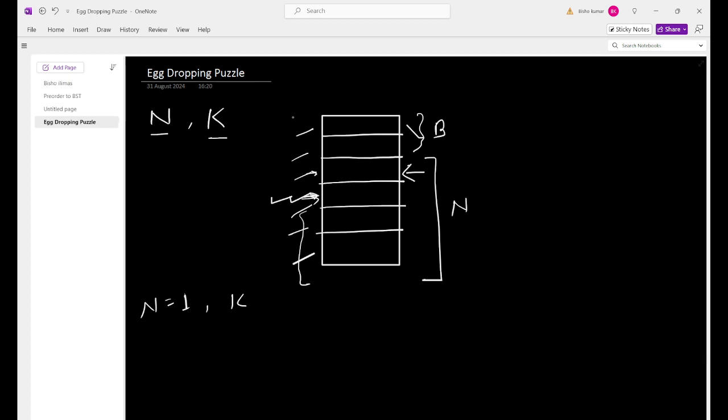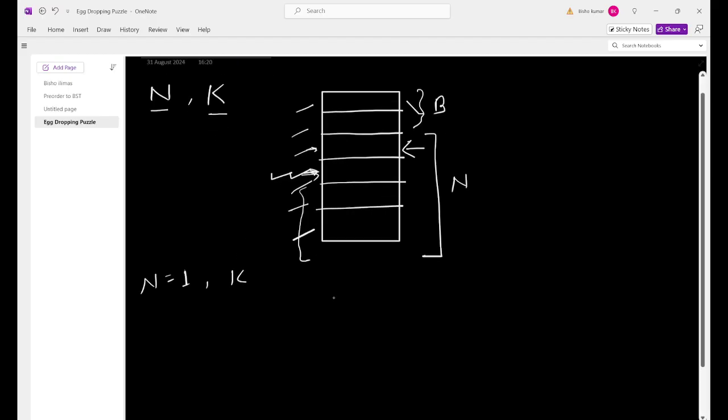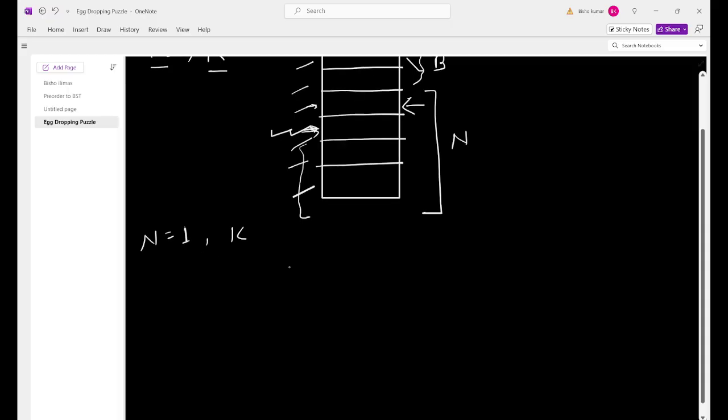If you check from the above floors and the egg breaks, then you can't specify the answer. So if n is equal to 1, then you need to check k times: first floor, then second, then third, then fourth, then fifth, and so on.